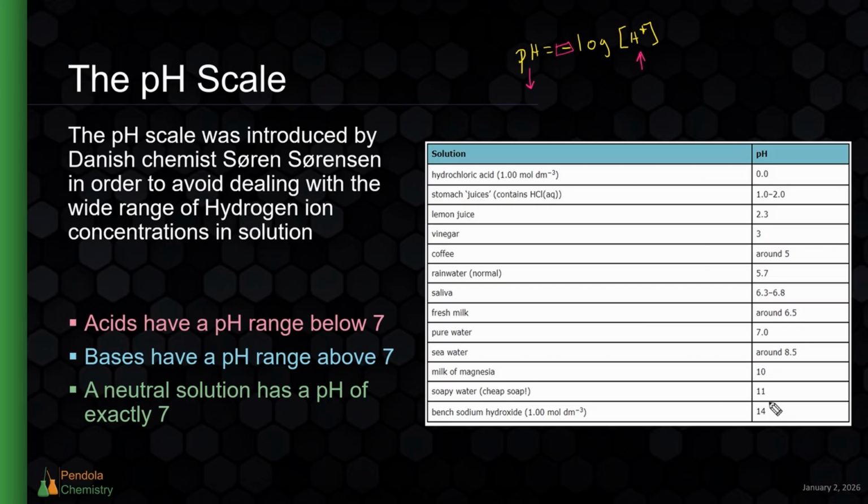On the other side, basic things are things like seawater with a pH of around 8.5, milk of magnesia, water with soap in it, and even sodium hydroxide, which has a pH of 14 when it's 1 molar. These have a much higher pH because they're bases, meaning their hydrogen ion concentration is low. So the hydrogen ion concentration and the pH have an inverse relationship. Hydrogen ion concentration goes up, pH goes down, because of the negative in the equation.